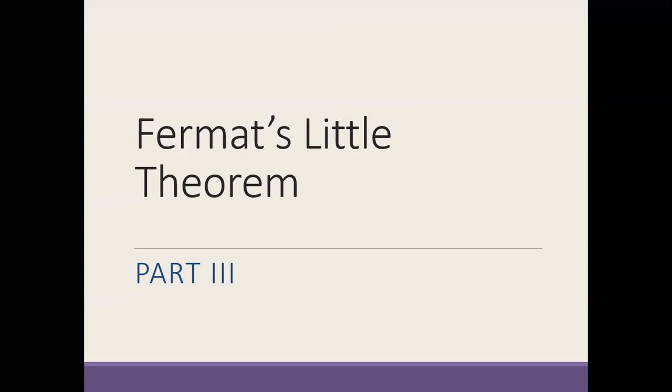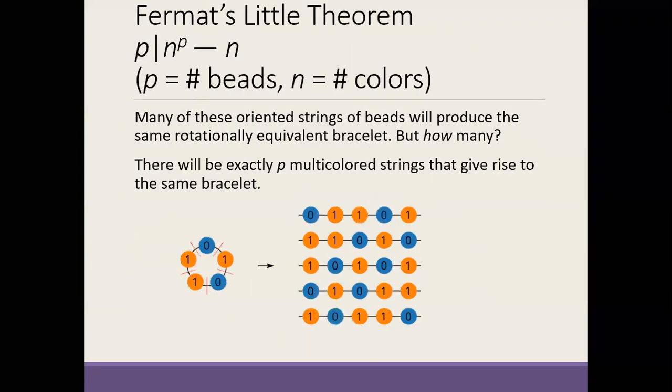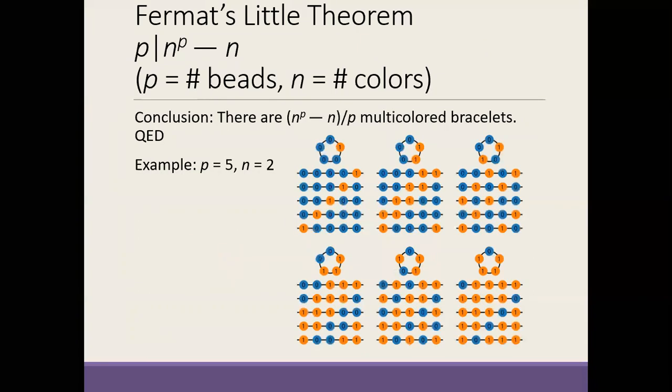I want to show you visually how this works, but I'm going to hold off on the full-fledged proof. Look at these beautiful pictures: there's going to be lots of little bracelets that we're going to make. Something cool happens with bracelets that will enable us to understand why Fermat's little theorem is true.